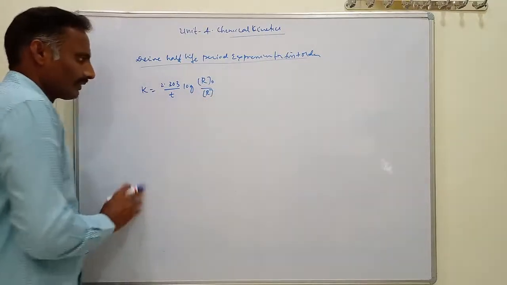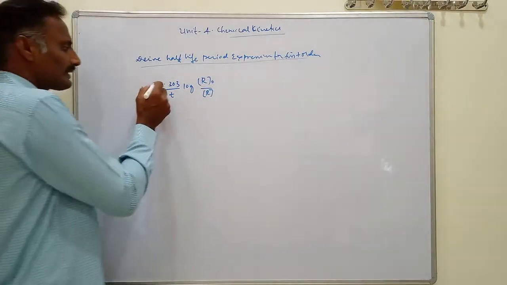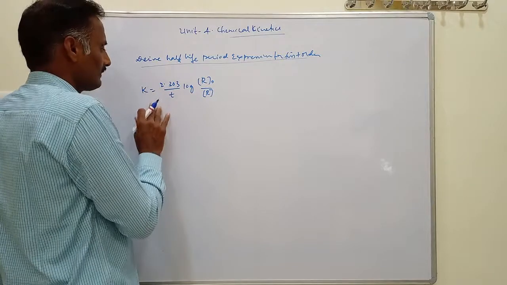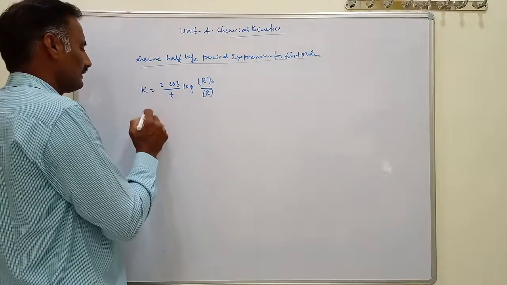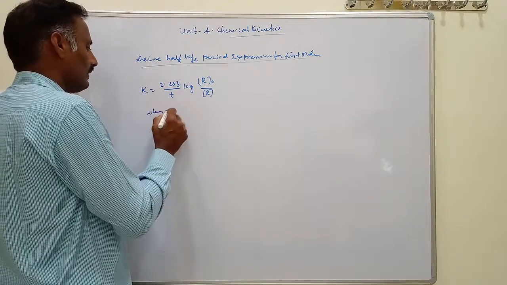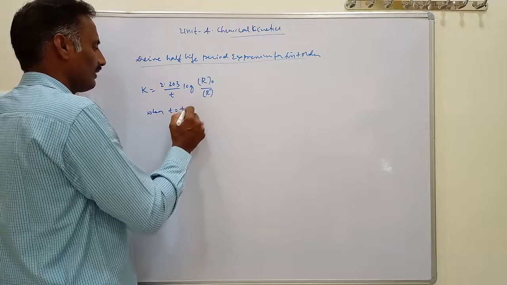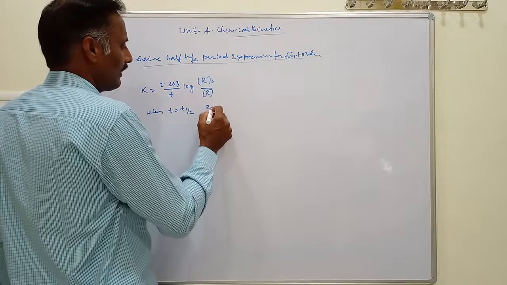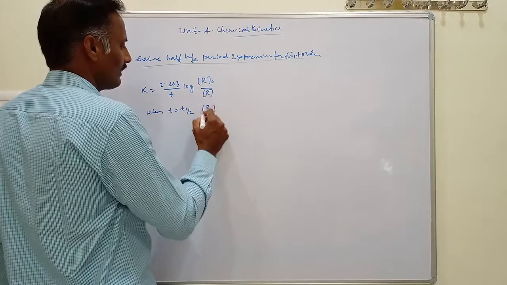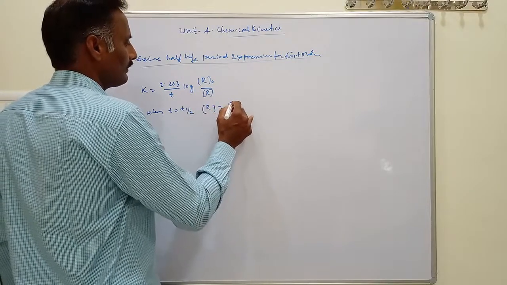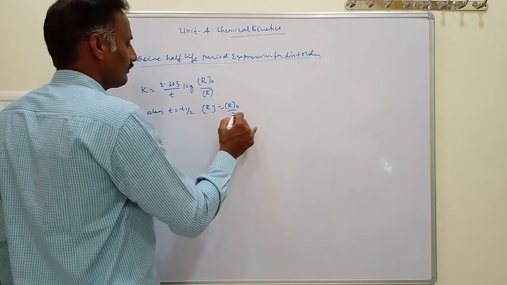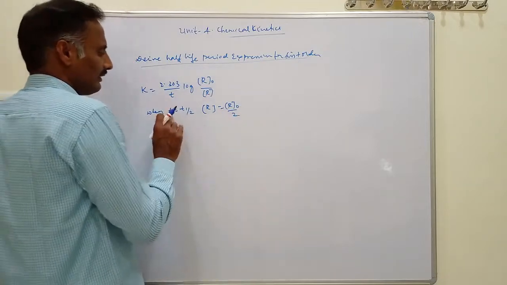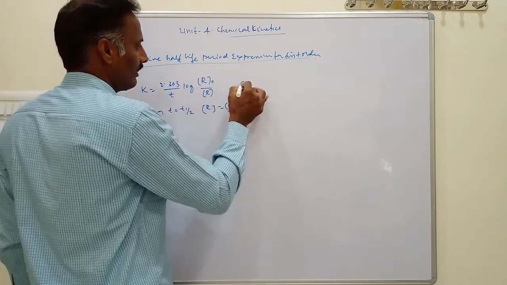We know that when t equals t half, the concentration R equals R naught by 2. Substitute t equals t half and R equals R naught by 2 in equation 1.